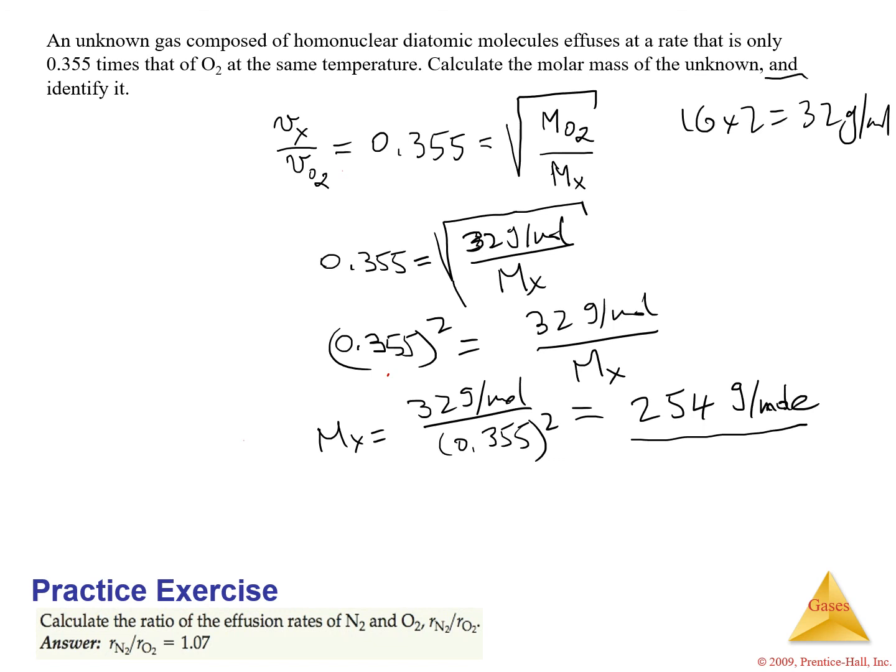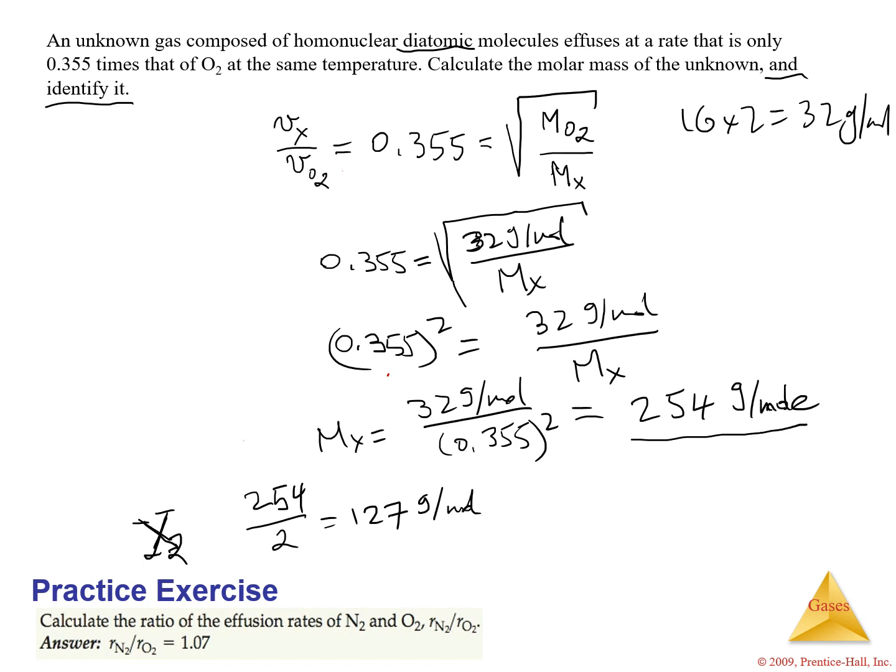But in addition, we have to identify what kind of element this is. So it looks like it's a diatomic molecule, so it's X2, whatever the X is, as the symbol of the element. So that means that the mass of the individual atom X must be 254 divided by 2, which gives me 127 grams per mole.